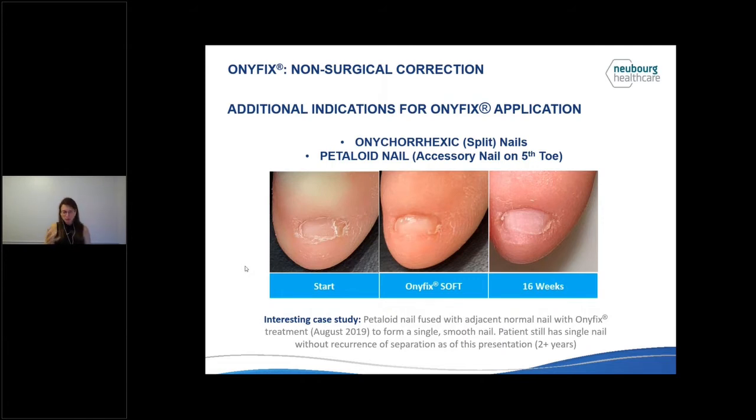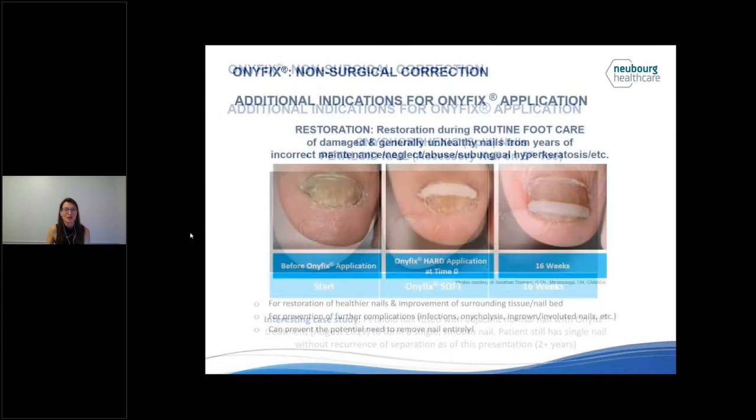Don't forget to roughen the nail underneath and prime it as you normally would, and then just a single layer of Soft is fine. And again, every patient is different, but this particular case has now lasted for over 2 years, where that beautifully fused nails, the two nails fused together, it has grown and it has lasted this long. So it's nice to at least have that non-surgical option.